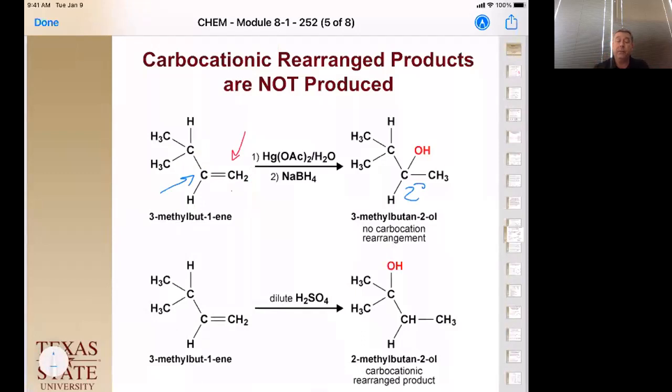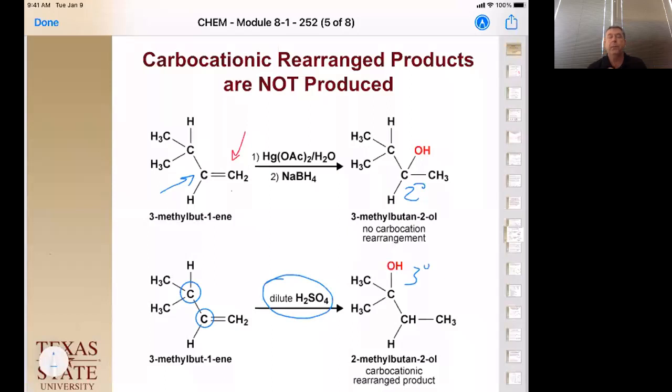However, if we used the dilute sulfuric acid, the acid catalyzed system, we do go through a carbocation. And that secondary carbocation that initially forms here will rearrange to be a tertiary carbocation, and we'll end up with our tertiary alcohol.